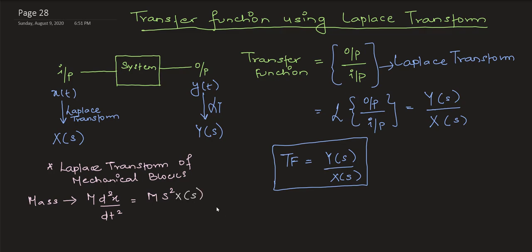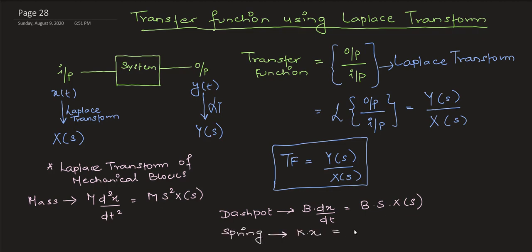So in today's class, we are going to find the transfer function for our mechanical system, as we have seen in previous lectures. We will draw the differential model of the mechanical system and convert that differential model to a Laplace form, which is given by the formula shown here.